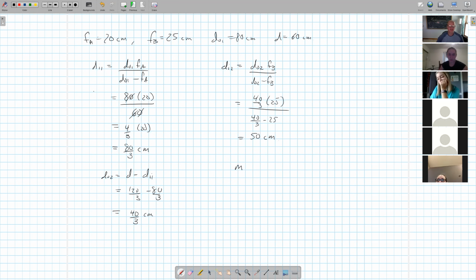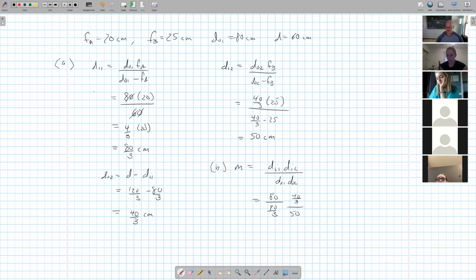So that's all part A. So part B, the total magnification is going to be equal to, again, the image distance 1 times image distance 2 divided by object distance 1 times object distance 2. So it's going to be image distance 1, so that's 80 over 3, divided by 80, times 40 over 3 divided by 50.